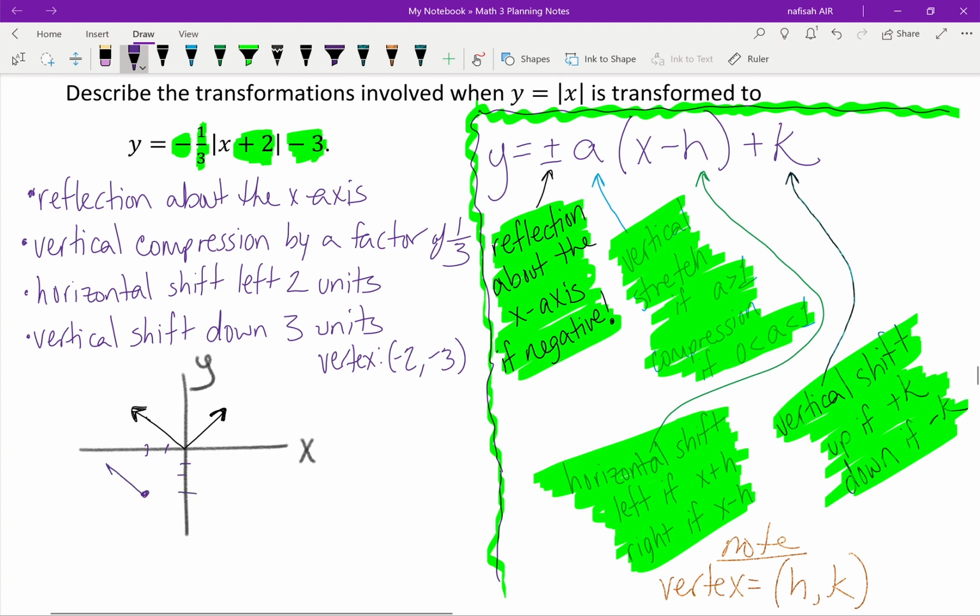It would have gotten moved over here. Same absolute value graph, I just shifted it over. And if you know about the vertex, then that'll help you easily see that I moved left 2, down 3. If you have a graphing calculator, you can just put this into your graphing calculator and be able to see that it was shifted left and down. It was shifted left 2 and down 3.